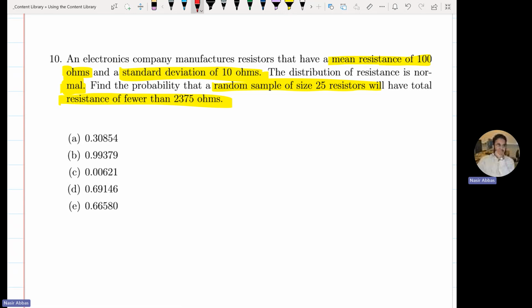Interesting question. The question is not about the sample mean. The question is about sample total. What is sample total?